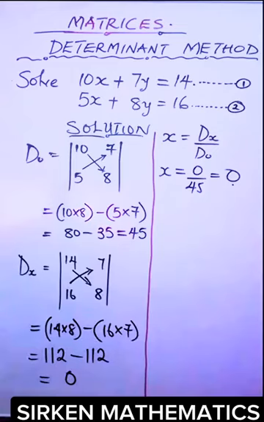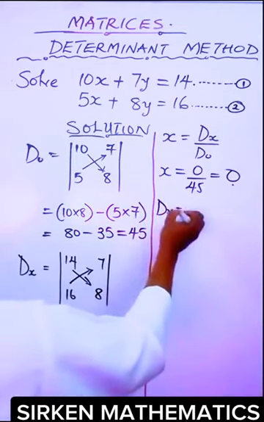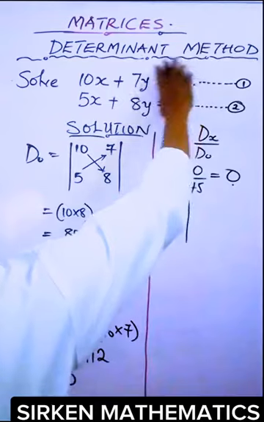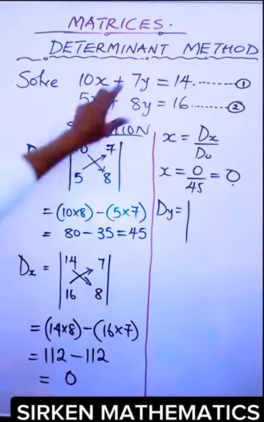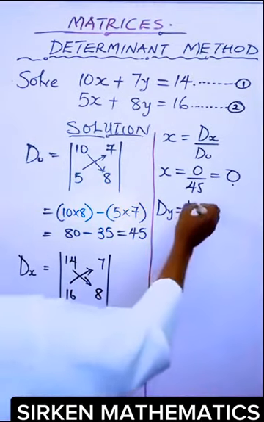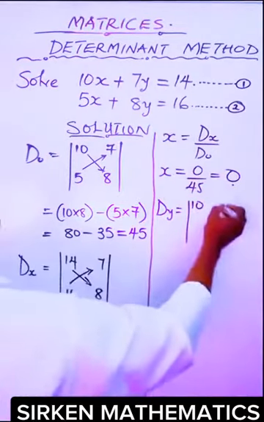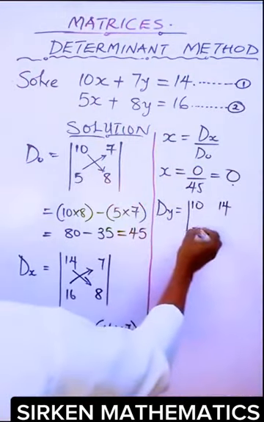So let's get y. Determinant of y, we will close y and use this one to replace it. Do you understand? Close y, so I'll be having 10. Instead of this y, I'll put 14 there. Then here will be 5.